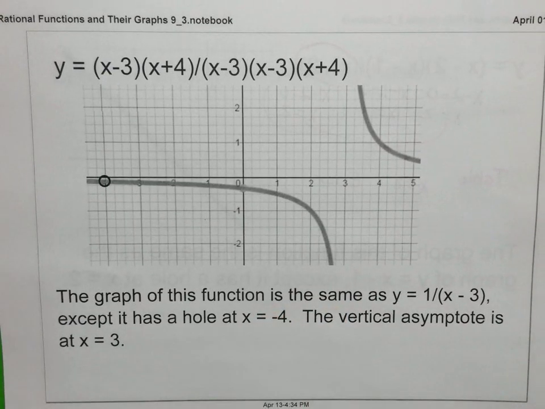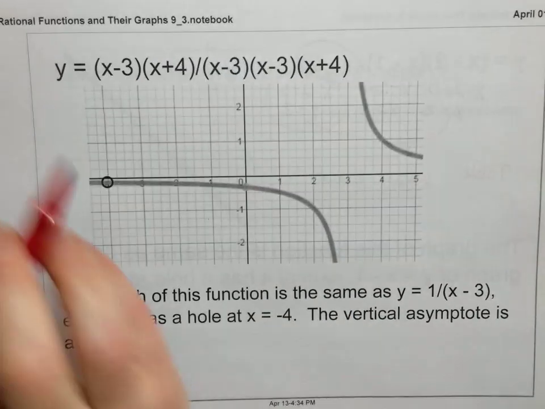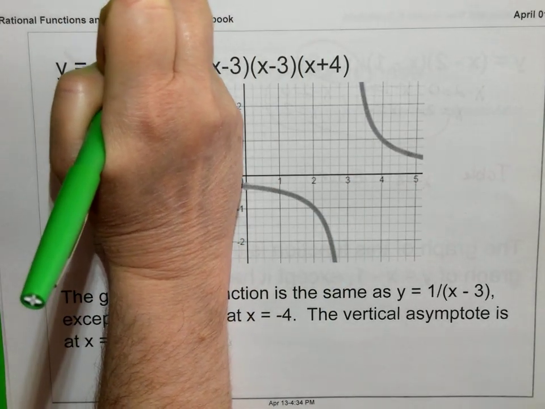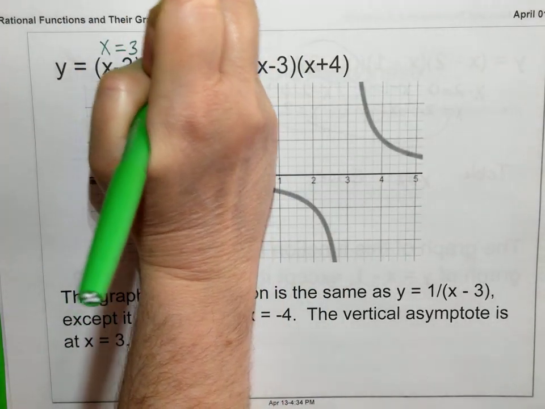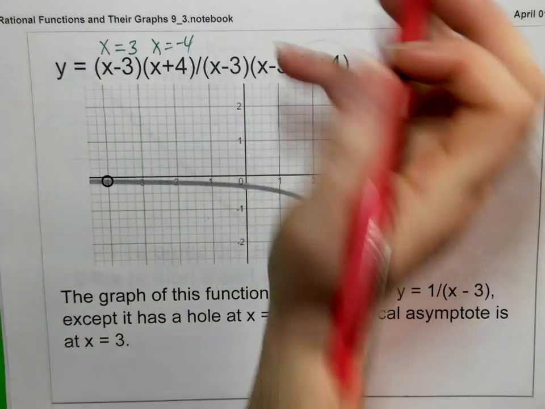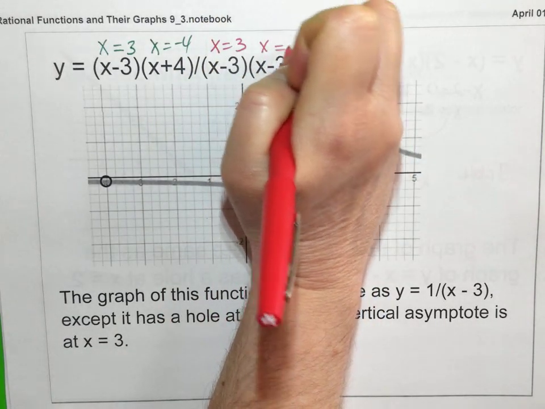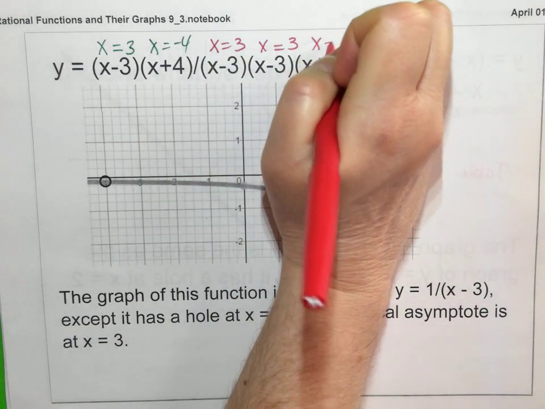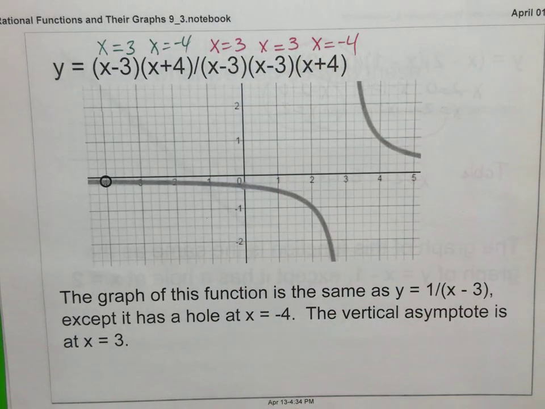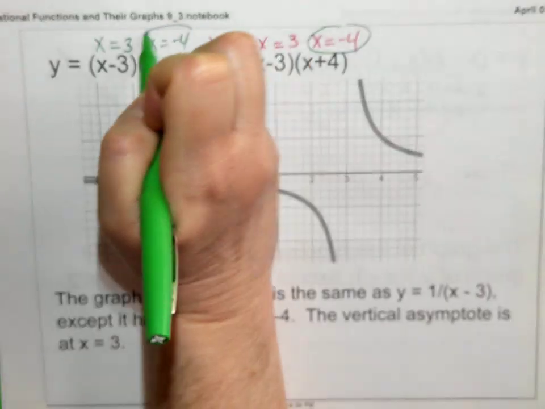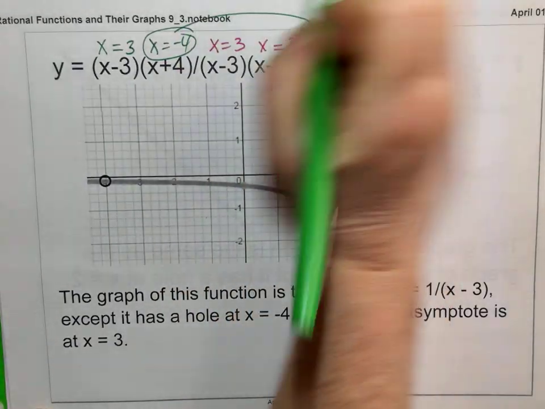Okay, let's take a look at this one. If I take the numerator, I have x equals 3. I have x equals -4. I look at the denominator, I have x equals 3. I have another x equals 3, and I have an x equals -4. Okay, so I have a pair of these, so that makes a hole.